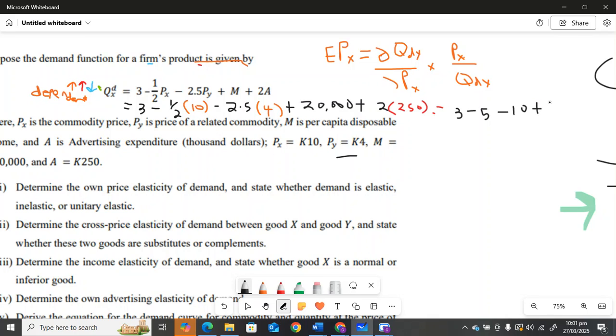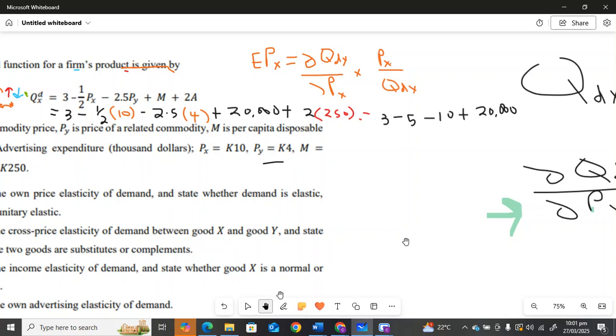Plus 20,000, plus 2 times 250, that is 500. So in our calculators, let's put it in. 3 minus 5, that's negative 2. Negative 2 minus 10, that is negative 12.